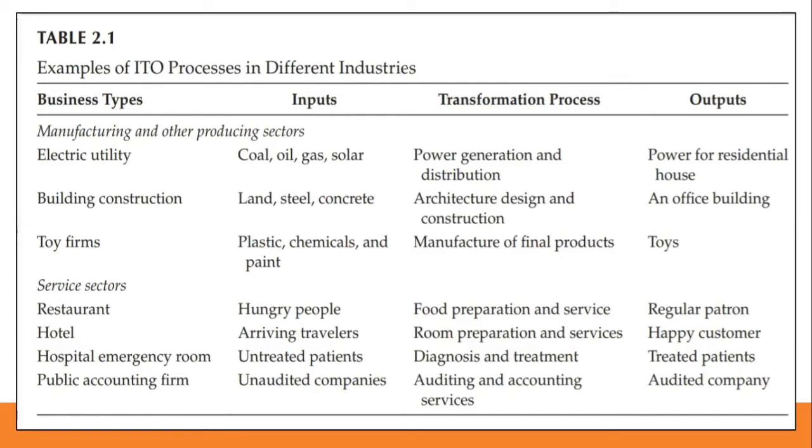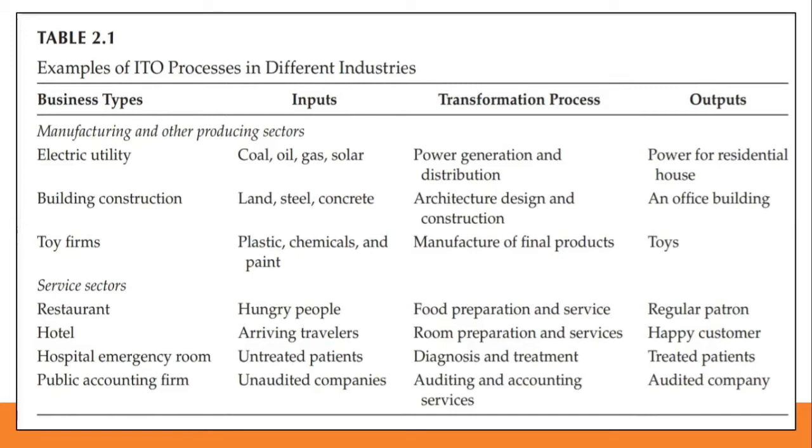Now, if you notice, within the manufacturing sector, an electric utility company constructs power plants to maximize its capacity to service residential areas. The high voltage power at the power plant is redistributed as low voltage power for each residential house.